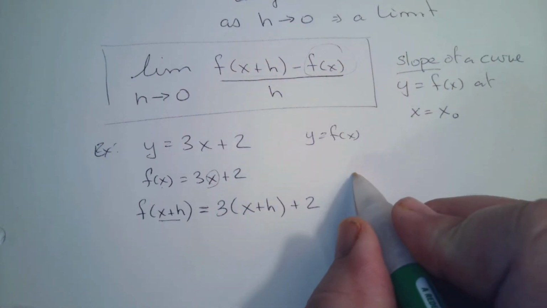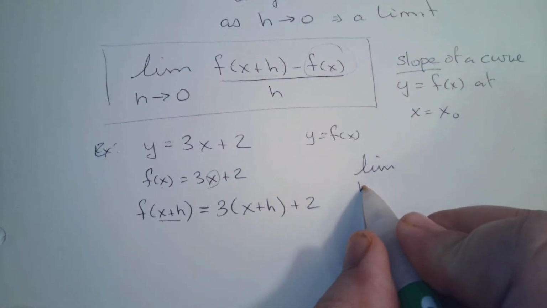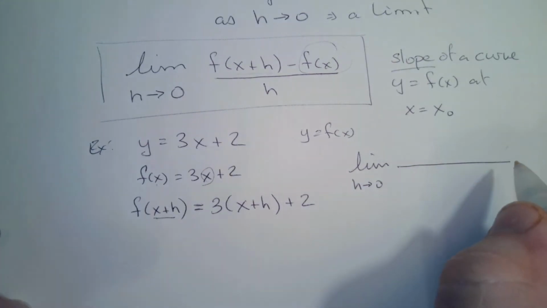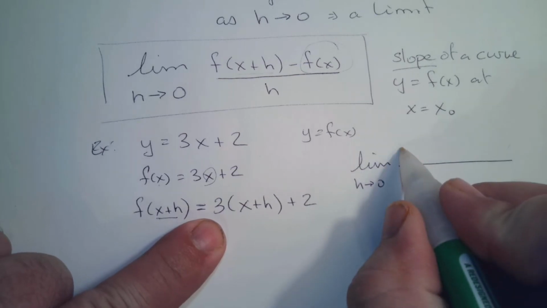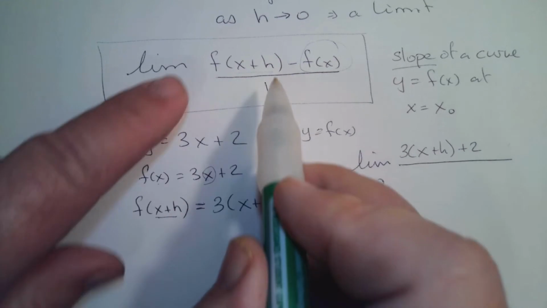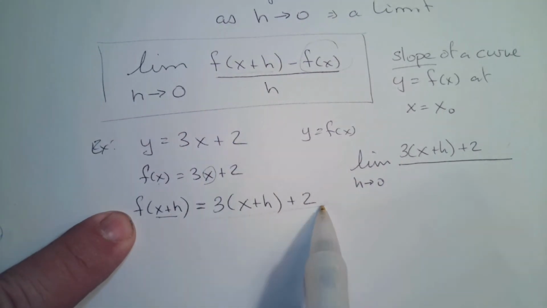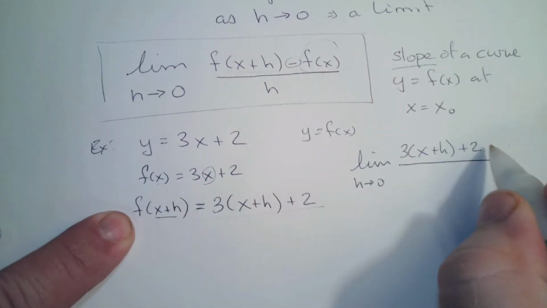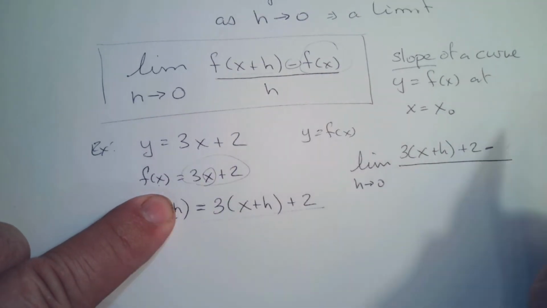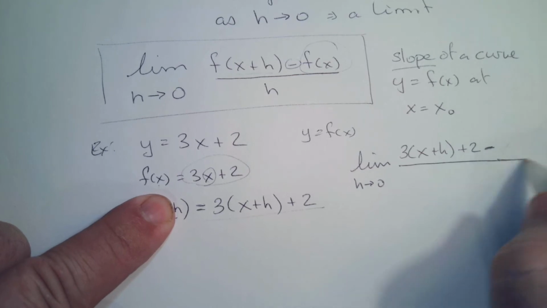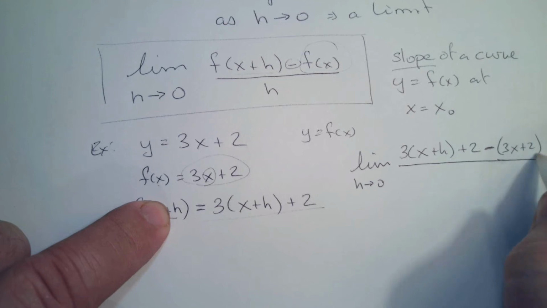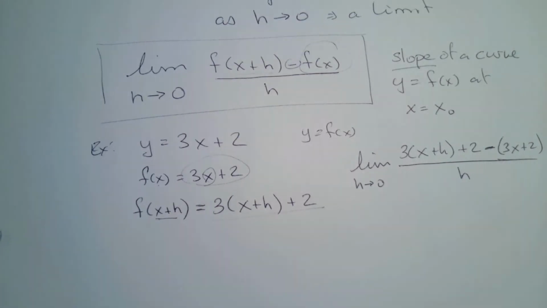So now I could look at the equation. The limit as h goes to 0, f of x plus h is 3 times x plus h plus 2. That's the first part. Minus f of x, which is this part. Now, since that's a minus sign there, we've got to put the 3x plus 2 in parentheses over h.